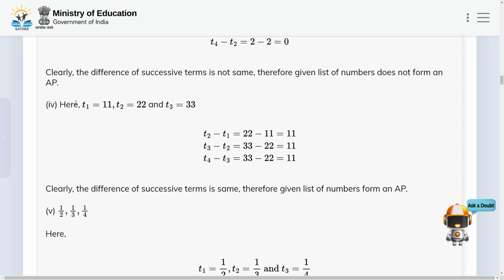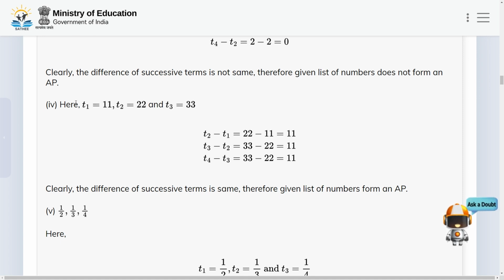So here T2 minus T1 is equal to T3 minus T2 is equal to T4 minus T3. In general you can take the (k+1)th term and kth term of this list of numbers, and you will get the difference T(k+1) minus Tk, that is also equal to 11. Clearly the difference of successive terms is same.